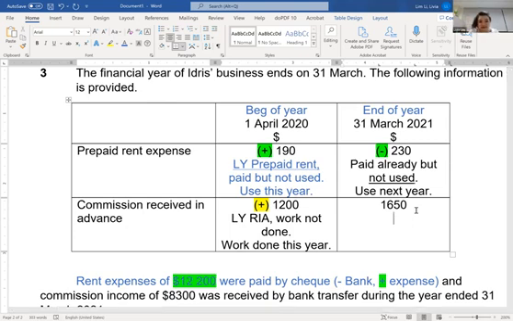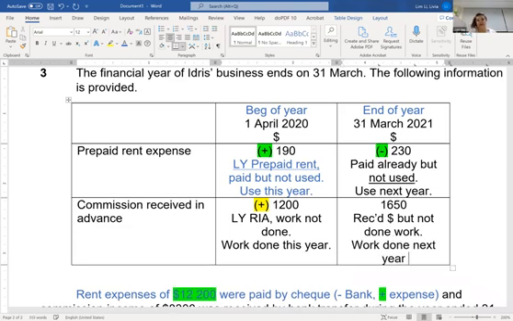At the end of the year, I actually receive money, but have not done the work. When are you going to do the work? The work is done next year. So since the work is done next year, I am going to record it as a minus, because I have not done the work now. I will only do it next year.